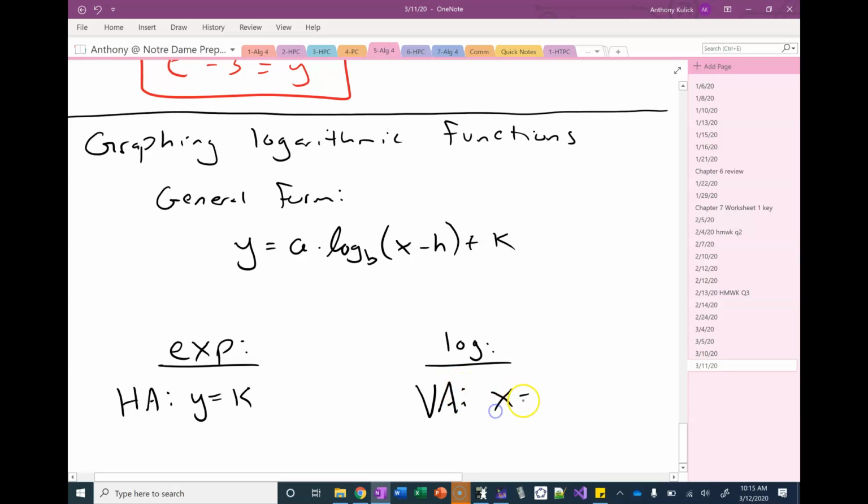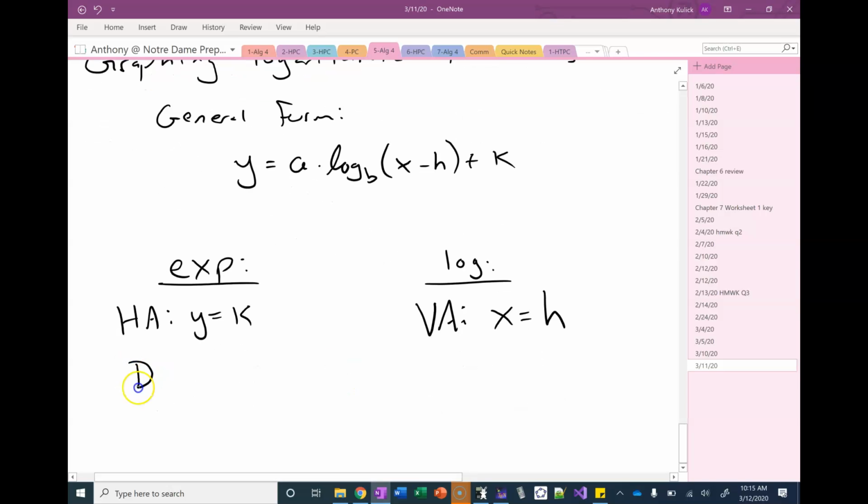And the vertical asymptote equations start x equals, in the case of a logarithm, that's h. Okay. When we talked about an exponential function, what was the domain for all exponential functions? So it's negative infinity to positive infinity. Which coordinate is the domain talking about, the x or the y?